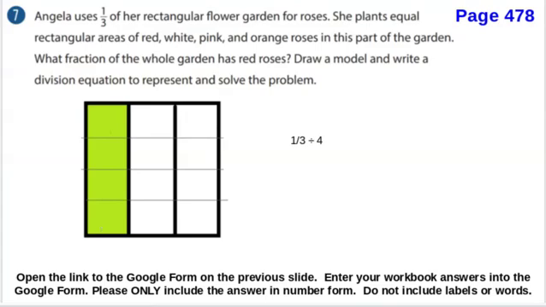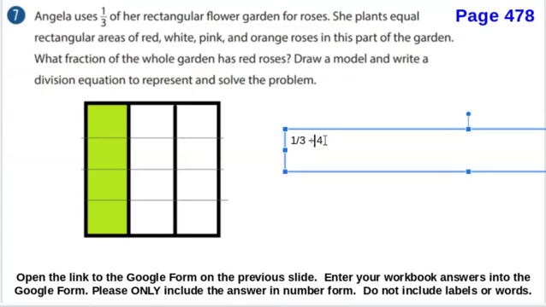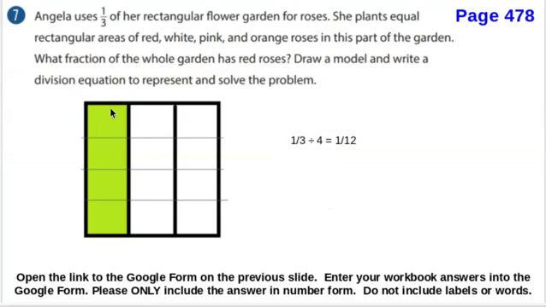This one piece here for the red roses is 1 out of 1, 2, 3, 4, 5, 6, 7, 8, 9, 10, 11, 12. So your answer here is 1/12. Again, your answer is 1/12 because this red section for the roses represents one piece out of the 12 equal sections.